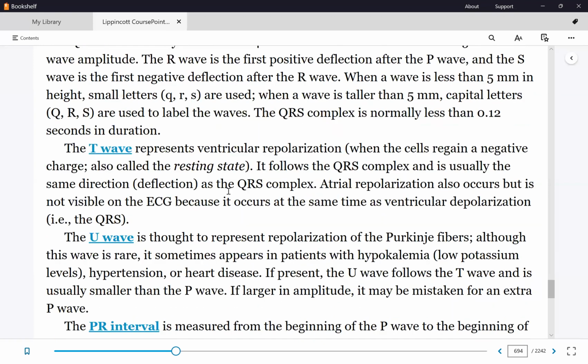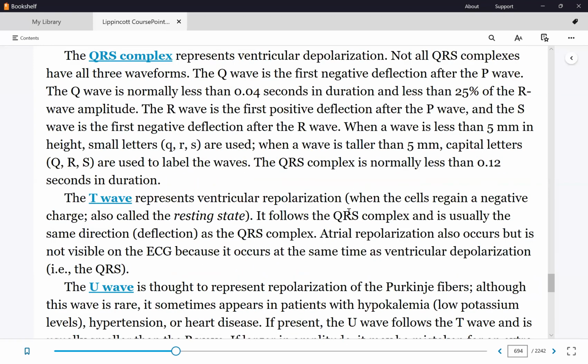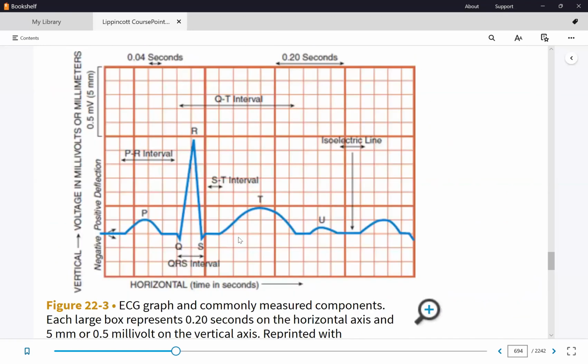The T wave right here is ventricular repolarization. So now the heart's not doing anything here, but it is repolarizing. Does the heart really rest? It does. So this is where it's resting. For how long though? How long is this period?